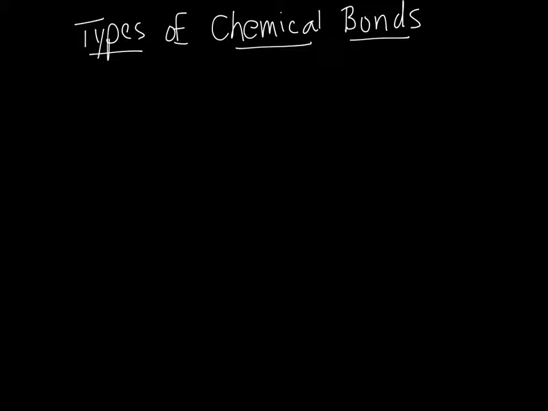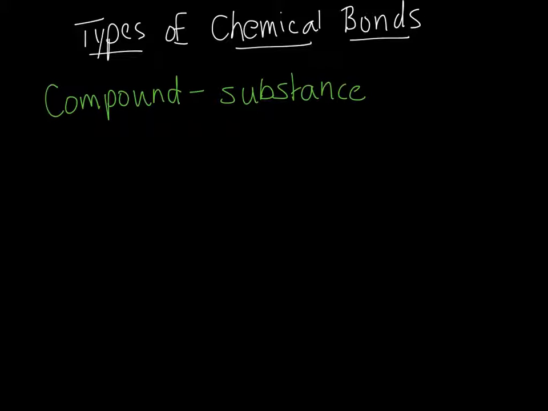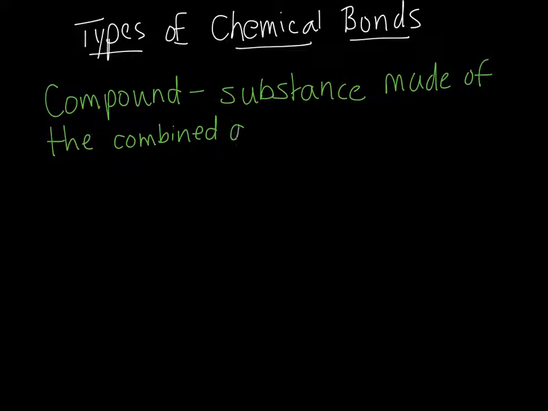We should already know what a compound is, but just in case we've forgotten, here's a little bit of a refresher. A compound is a substance made of the combined atoms of two or more elements.